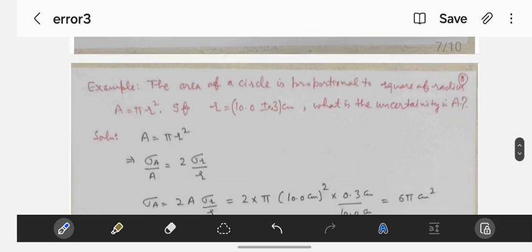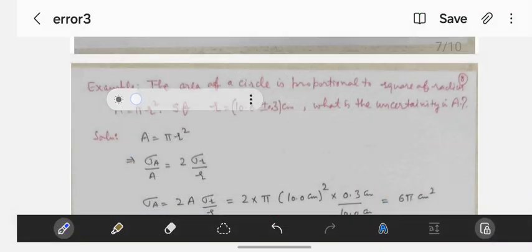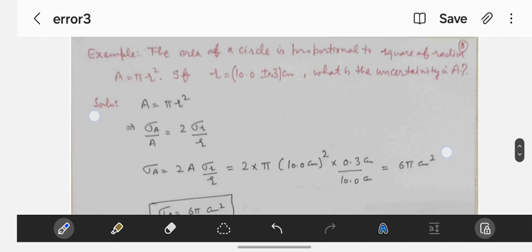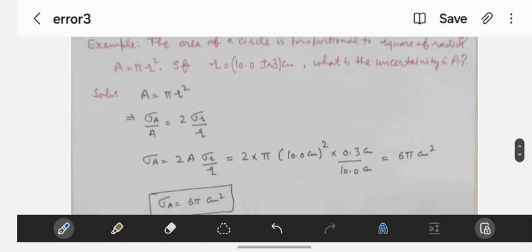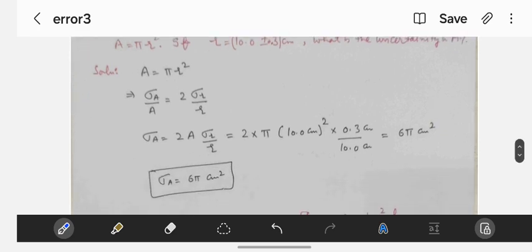Let's move on. The area of a circle is proportional to the square of the radius, we know that. What is the uncertainty in A? So A is pi r square, and we have to find the uncertainty in A. Then sigma A by A, just following the rule, is 2 sigma r by r.